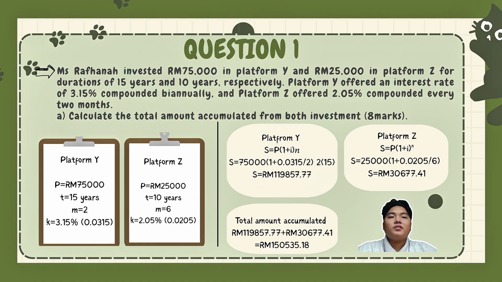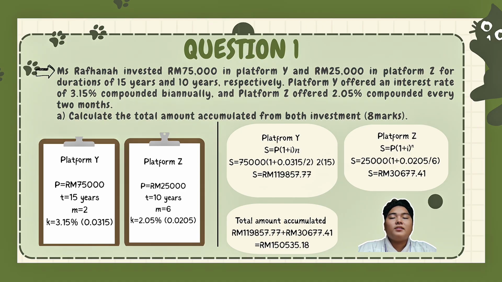For platform Y, first thing first, we can use the formula S equals P in the bracket 1 plus i, power of n. Then S equals 75,000 in the bracket 1 plus 0.0315 divided by 2, power of 2 multiplied by 15. So S equals 119,857 ringgit 77 cent. Next, for platform Z, firstly, using the formula S equals P in the bracket 1 plus i, power of n.